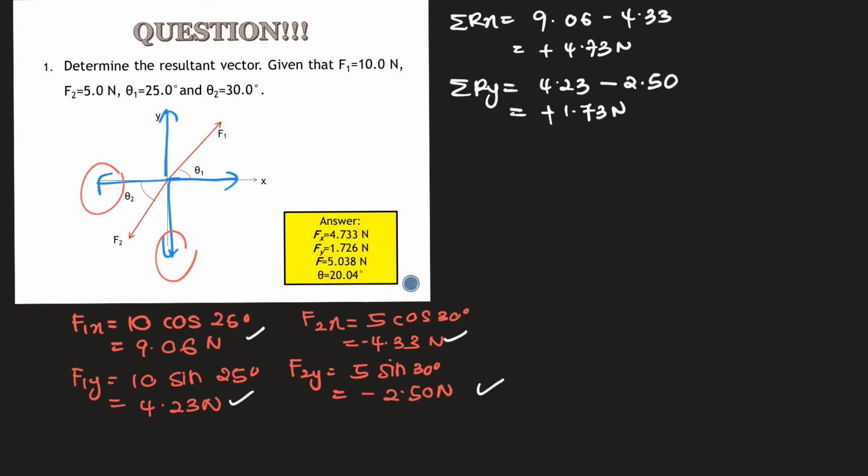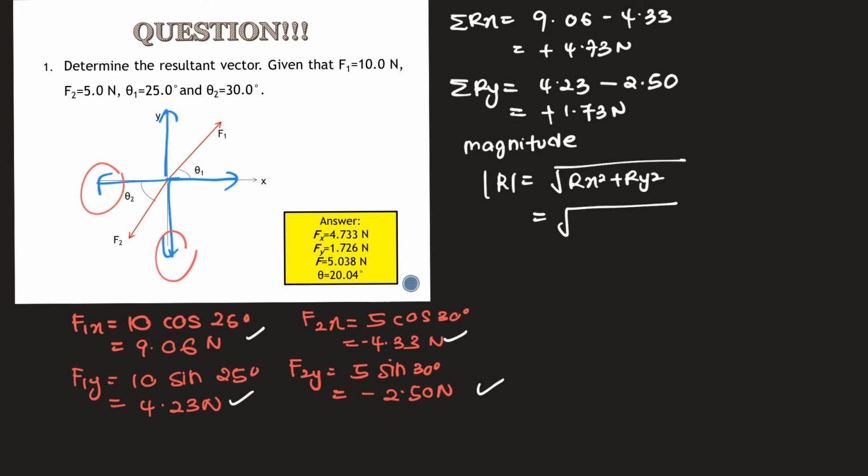Once you're done with that, you need to find the magnitude. For you to find the magnitude, make sure that it is always positive. You find the hypotenuse, so it's going to be Rx squared plus Ry squared. Rx and Ry you get from here and from here.